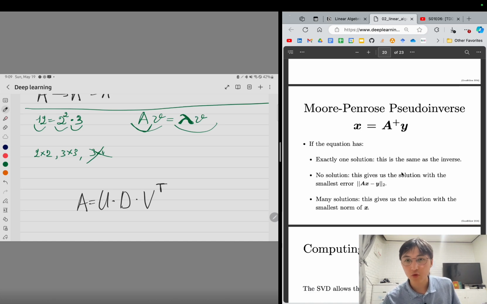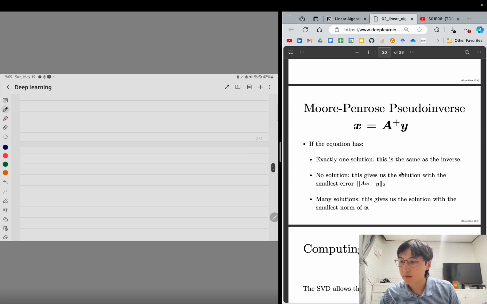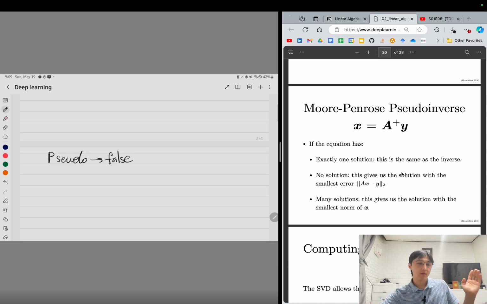Next one, Moore-Penrose pseudo-inverse. Pseudo, I will write. Pseudo means false. So not every matrix has an inverse.